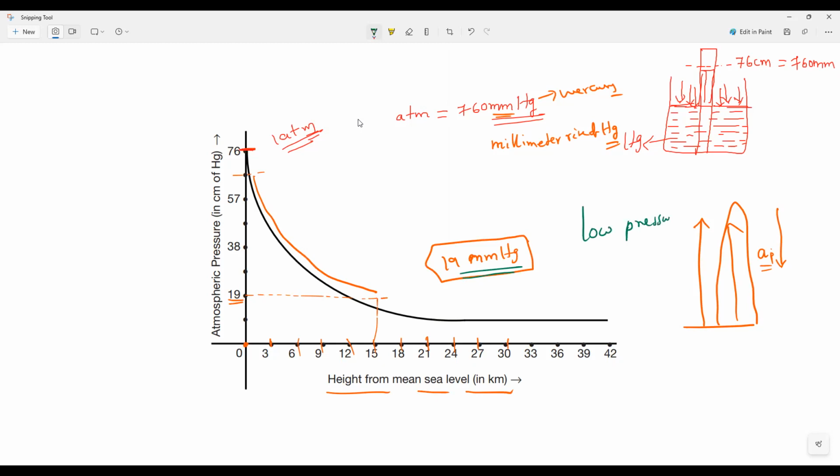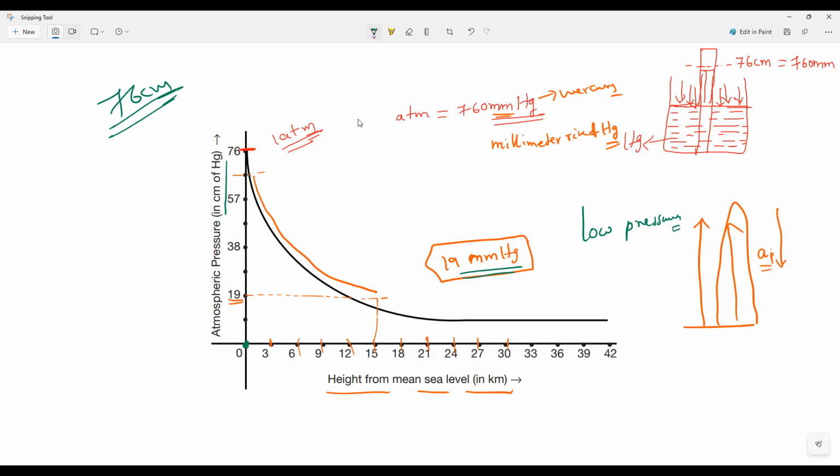Pressure keeps decreasing as you keep climbing. So this is atmospheric pressure in centimeters of Hg. 76 centimeters of mercury rises at normal sea level. If you are at the surface, the rise of mercury will be 76 centimeters. I hope you all understand. Everybody clear?